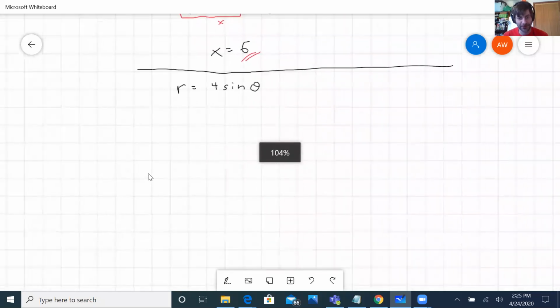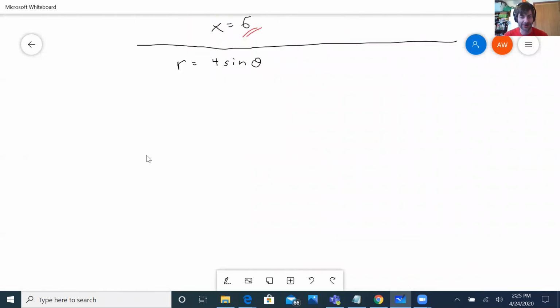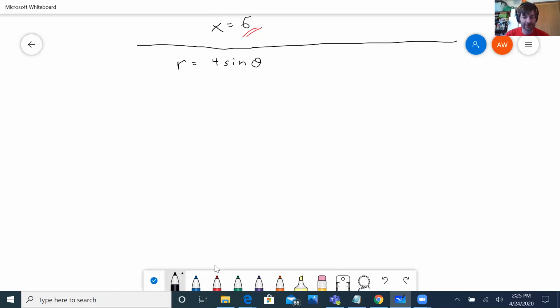I want to make sure I'm pointing that out. This trick is the thing you're going to want to do. So just like before, multiply both sides by r. So I've got r squared equals 4 r sine theta. r squared is x squared plus y squared. And r sine theta is y.